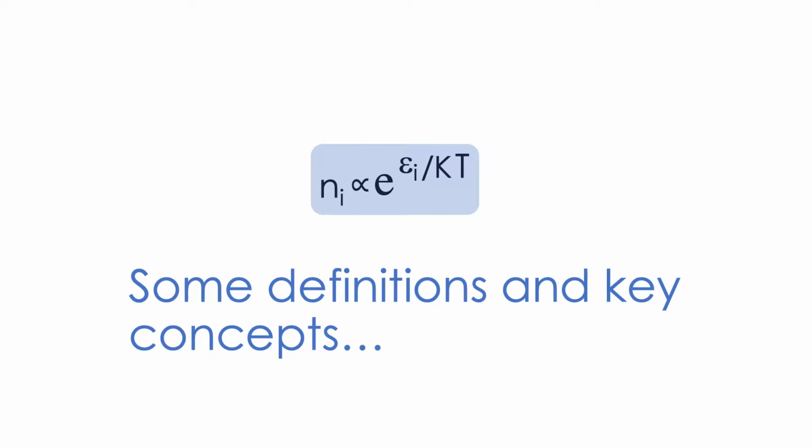So to get to the actual expression that connects the population of the energy levels with the temperature, let's first go through some definitions and key concepts that are needed to derive the expression for the Boltzmann distribution.